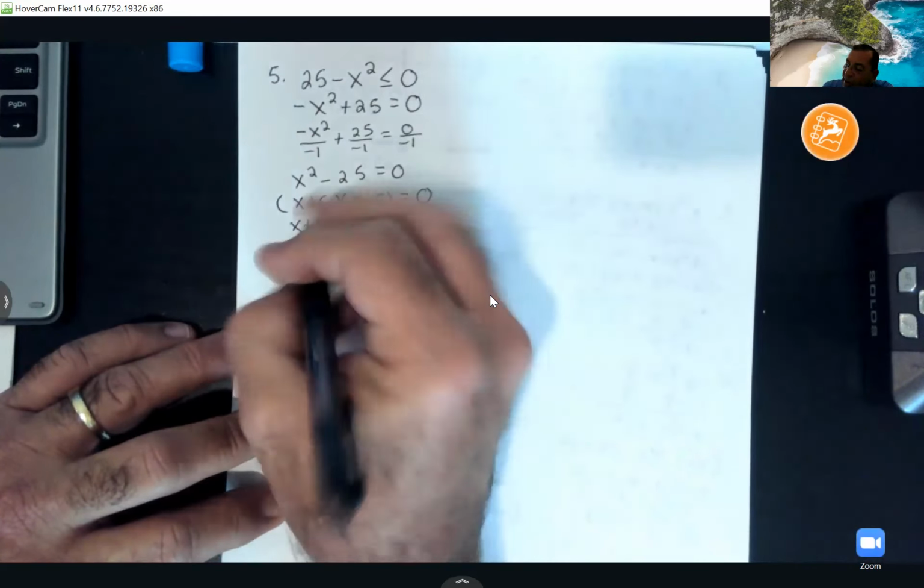The last one's positive, so these will both be negative like the middle. And factors of 25 that'll add to get me a 10. That's what, a 5 and a 5. But y'all look at this. This is one of those where I got a repeating answer.